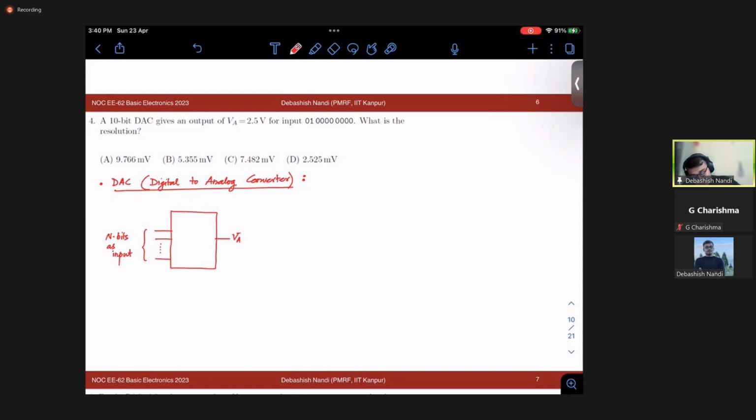To define that, let me make it a function of time. This is your DA converter. And let me have some V reference voltage here also and some ground node. Fine. So if you have gone through the lectures, you know that two types of DACs have been discussed in the lecture.